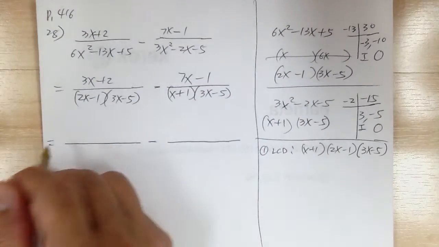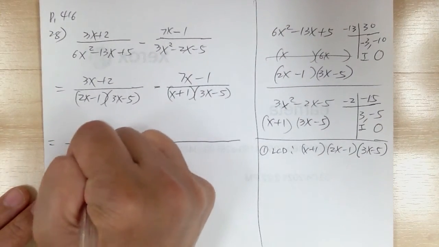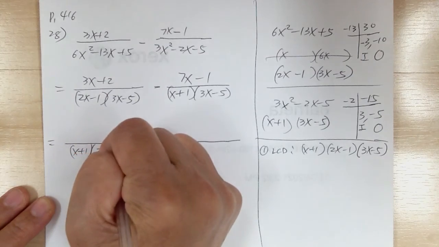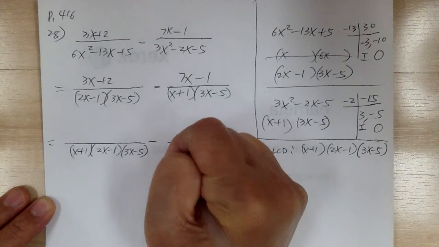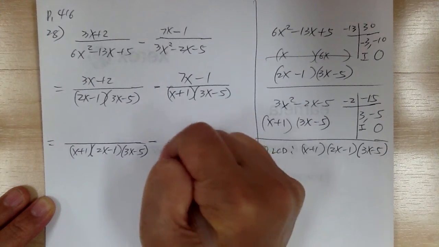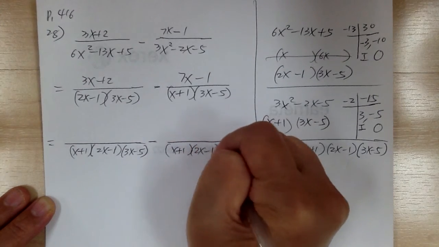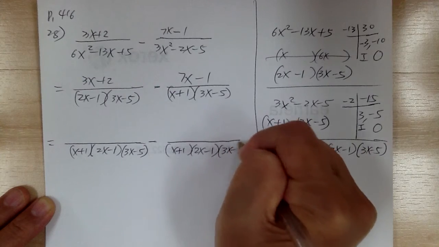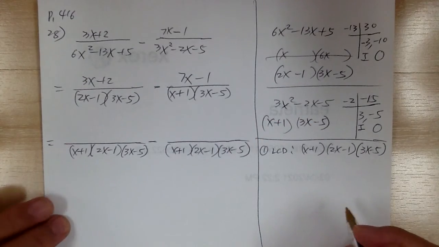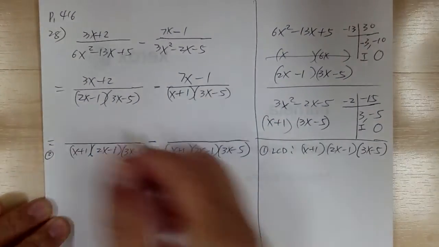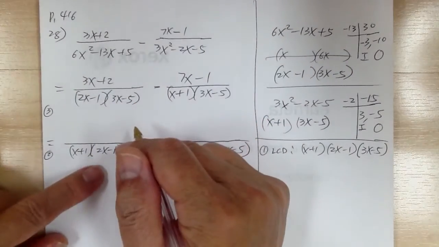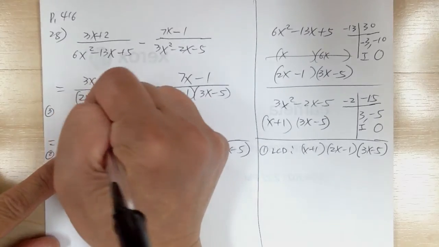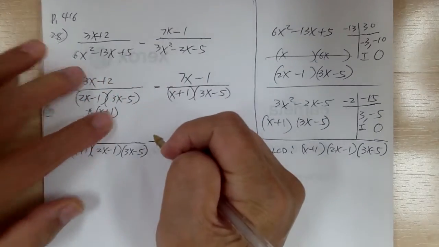Okay, so let's get the LCD ready. So that's your step 2. Step 3, figure out your missing factors. So you have these two, so you're missing x plus 1.